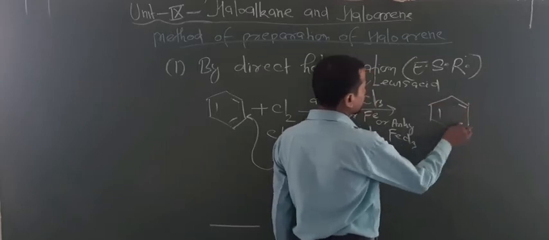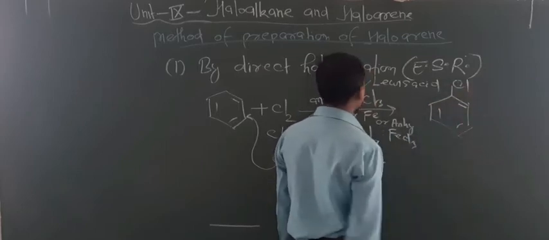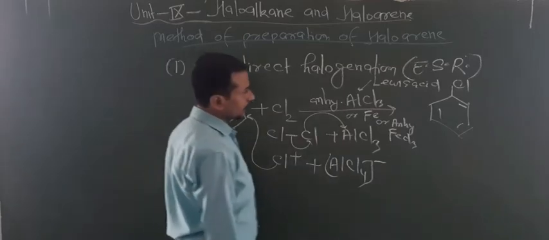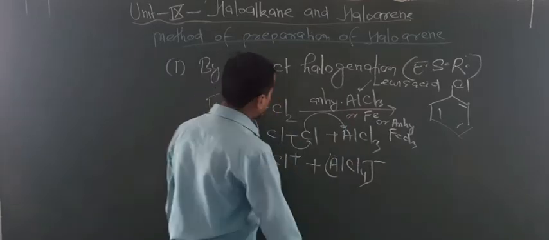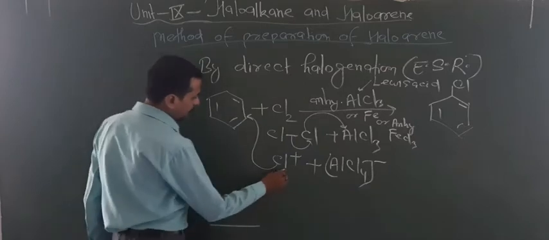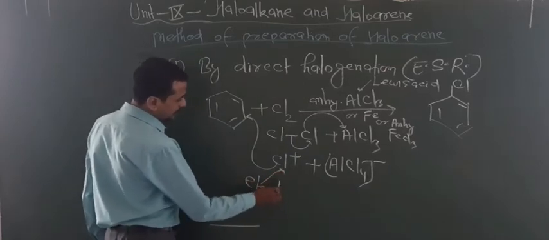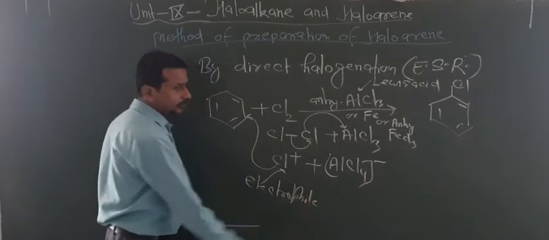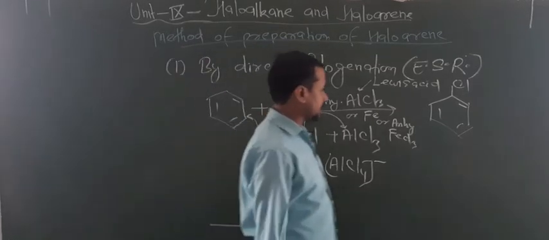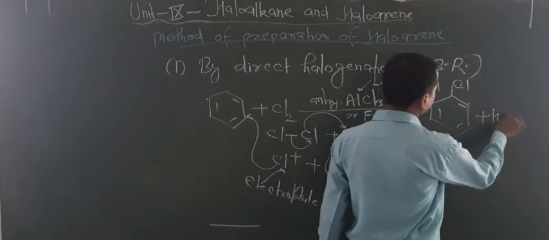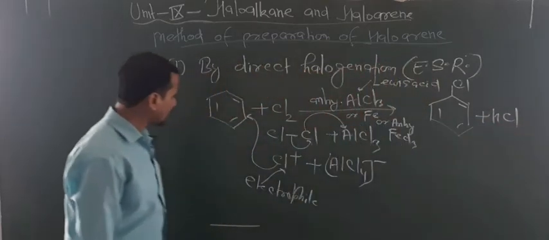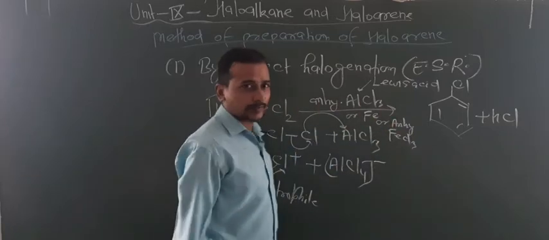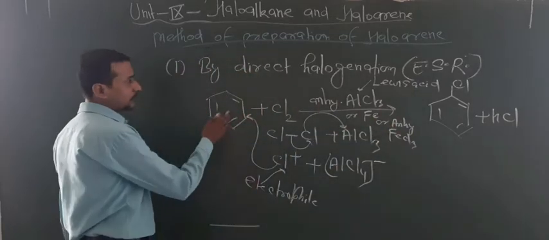Cl is attached to the benzene ring, that means one H is replaced by one Cl. Here Cl acts as the electrophile, and HCl is also formed. So benzene is converted into chlorobenzene.